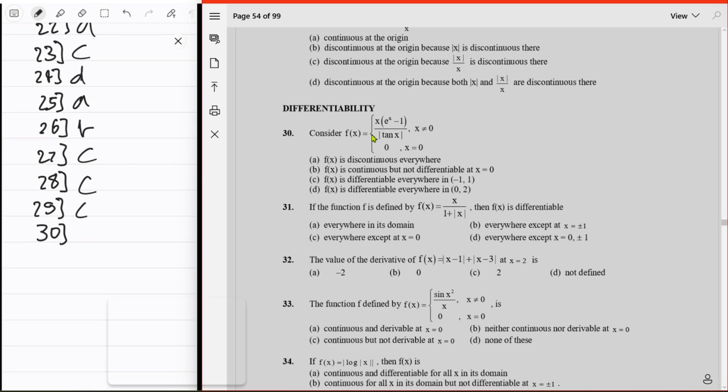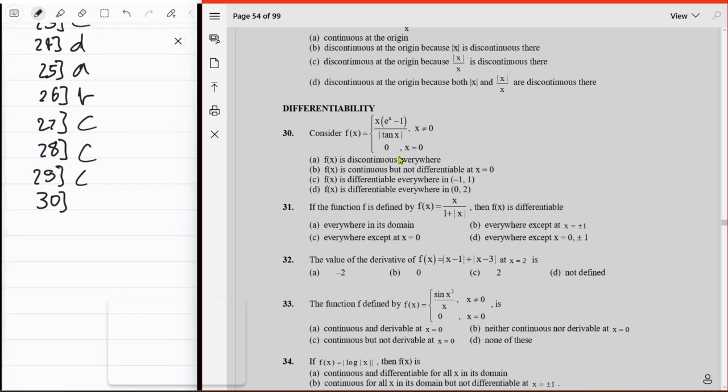Differentiability. Consider f is equal to x e power x minus 1. Discontinuous everywhere, continuous but not differentiable. At x equal to 0, this approaches what? It's x upon mod of tan x. The e power x minus 1 is approximately x. So x squared upon mod of x, or signum function of x times x.